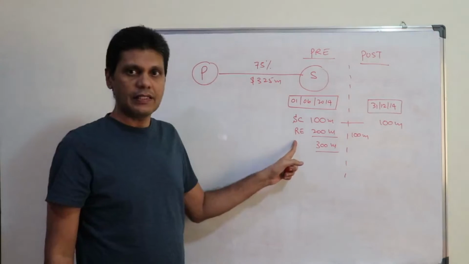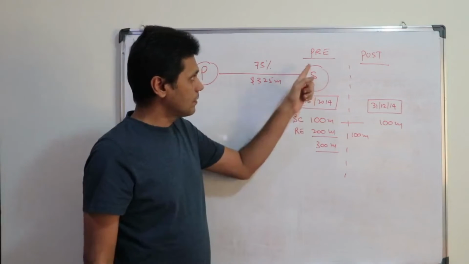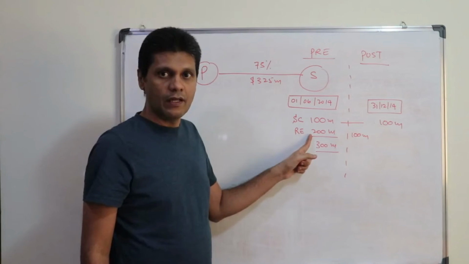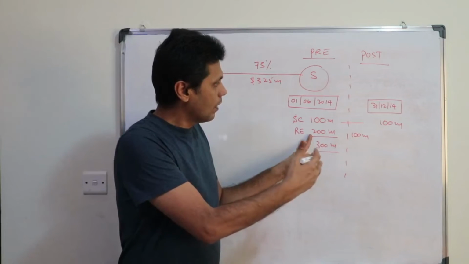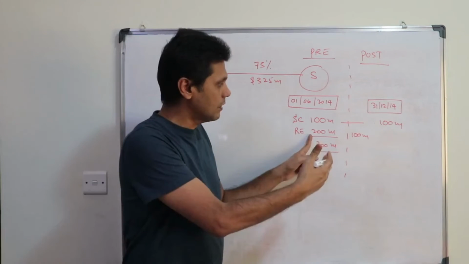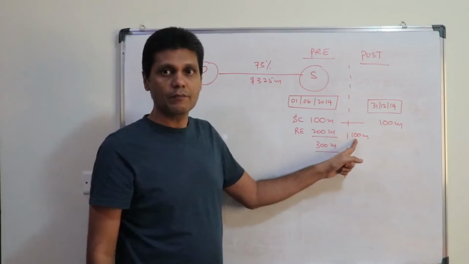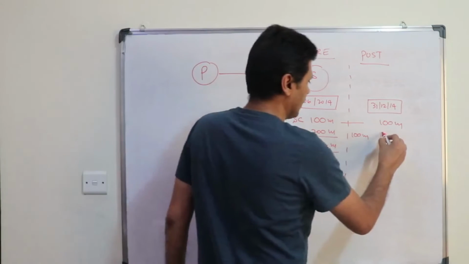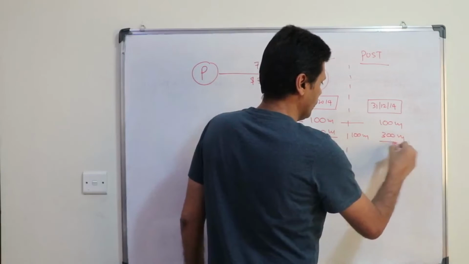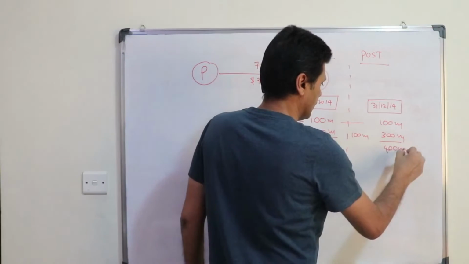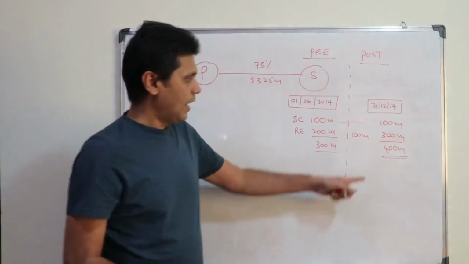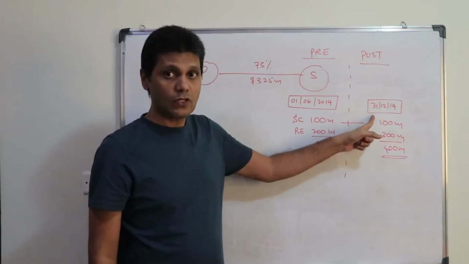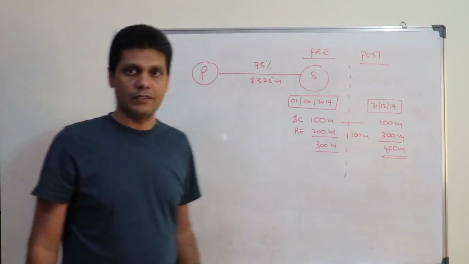Then the retained earnings: the pre-acquisition retained earnings was 200 million, and subsequently the company made a profit of 100 million. So therefore 200 plus 100 will be 300 million. So therefore the net assets at the reporting date, which is 31st December 2014, will be 400 million.